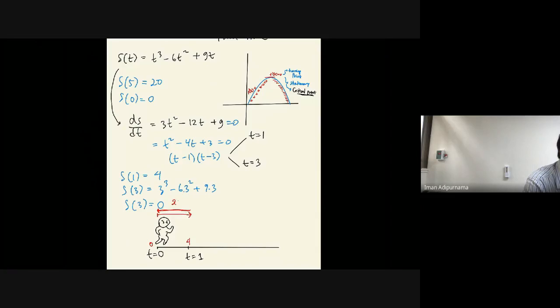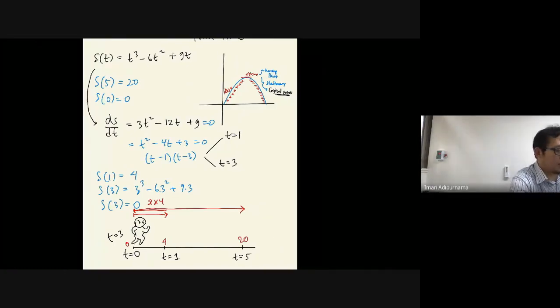So 2 times 2 times 4, right? And then after that he is rushing. So let me write this. t equals 3 is also 0, and t equals maybe 5 here. And from 0 he goes rushing to 5, to 20.